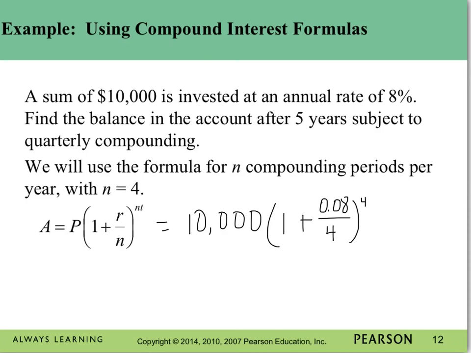And the time is 5 years. So really all you have to do is make sure you put everything in its correct place and then evaluate with your calculator. The amount we'll have after that is approximately. So, again, just replacing variables with things that you know and evaluating with your calculator. This is the total amount, not just the interest.